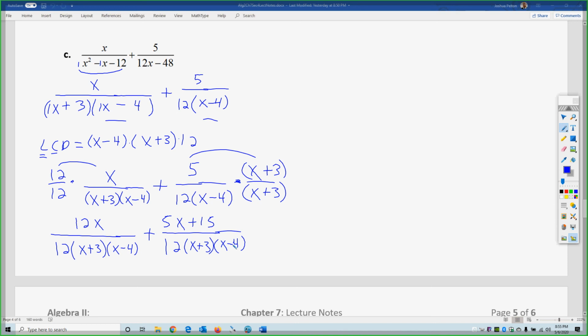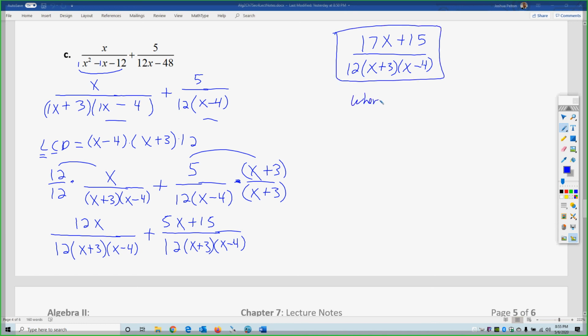So 12 and 5 is going to give me 17x plus 15 over the 12, x plus 3, and x minus 4. There's nothing in common top and bottom, so it can't be simplified. Where x cannot be negative 3 or positive 4, because those would make the denominator 0. Okay, and that is the end of part 2.